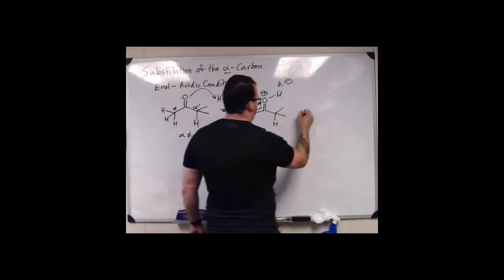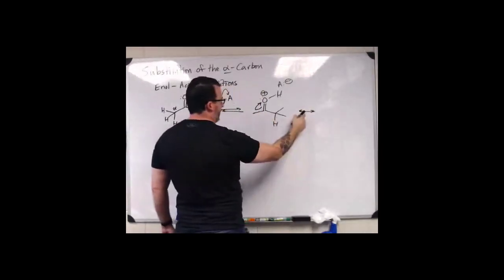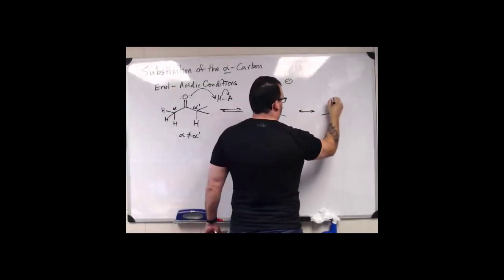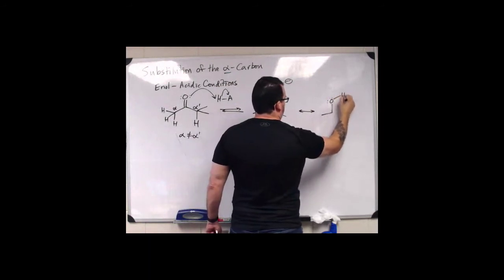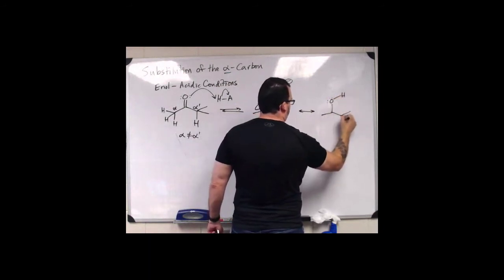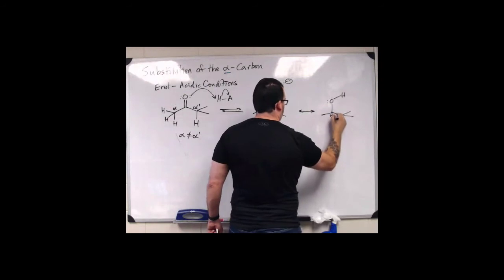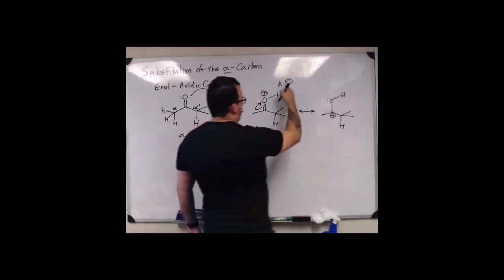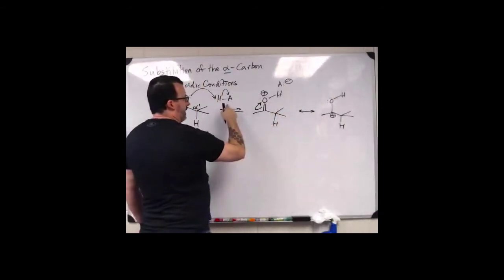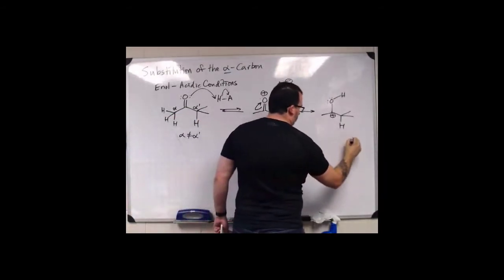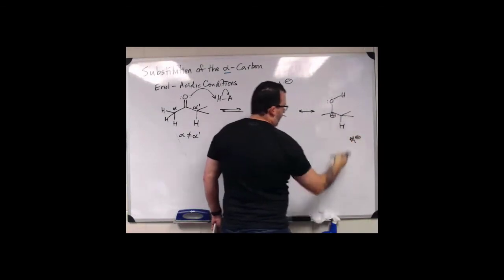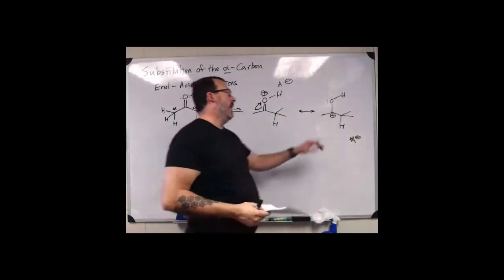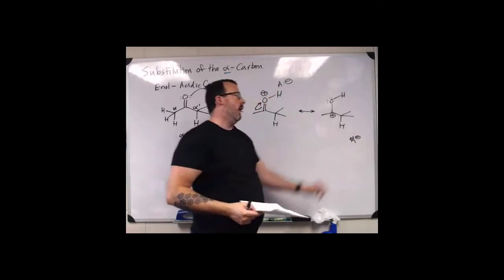So again, this is a resonance arrow. This is the conjugate base of this acid. And what it's doing, aside from balancing out the charge, it can act as a base to extract this proton.